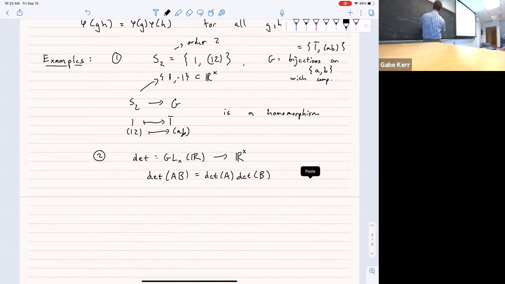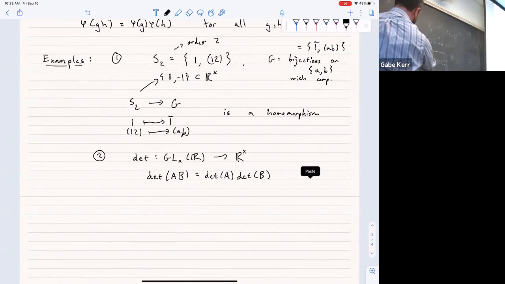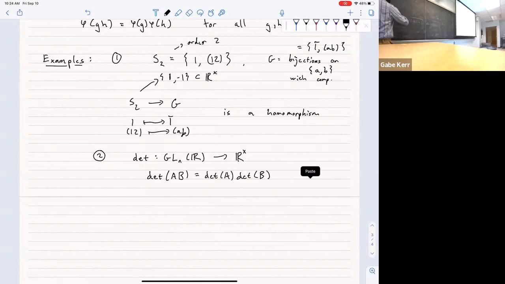Here I'm in S2, I put it into phi and go over here, and now I'm in 1, -1. So I'm writing -1 times -1 in 1, -1, and here I'm taking the image of (1 2), which is -1. That satisfies the property of a homomorphism.